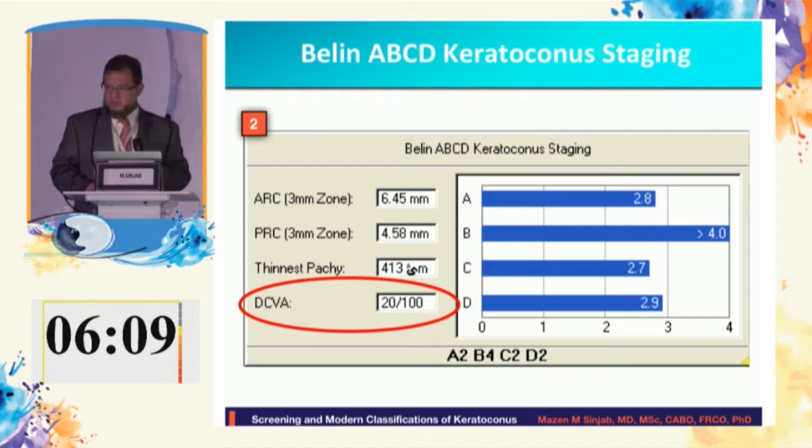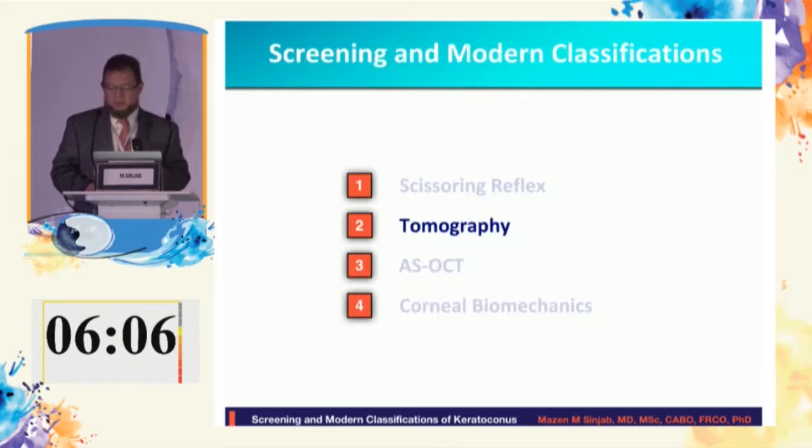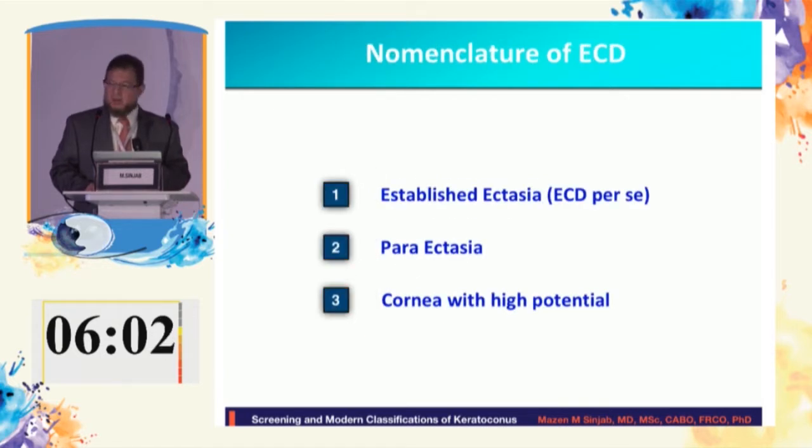Again, I will repeat this in detail in my topography course. Now, it's very important to give a name to what we see on the topography. So I categorized the ectatic corneal diseases into 3 categories: the established ectasia, para-ectasia, and cornea with high potential.